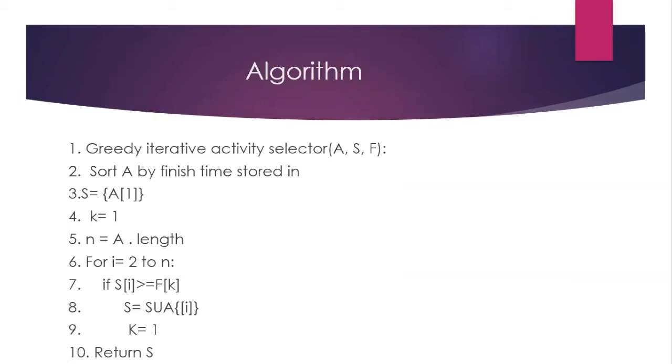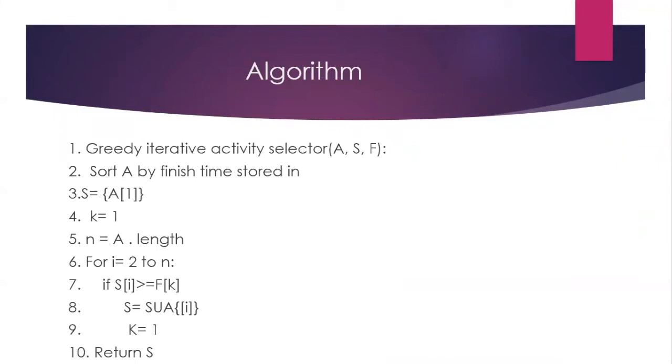Then we will create a set named S which contains the selected activities, and we will store the activity which has the least finishing time in index 1. Then at step 4, we'll create a variable k to keep track of the activity. Then we'll find the length n, which is the number of activities.